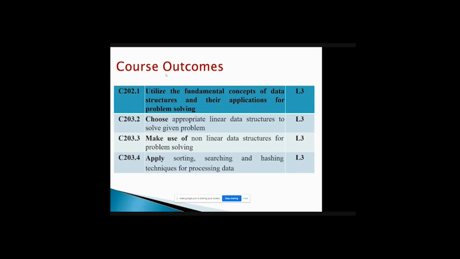So that's about the last CO: apply sorting, searching, and hashing techniques for processing data. Again, it is at level L3.